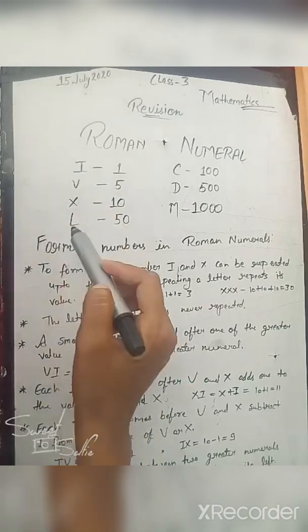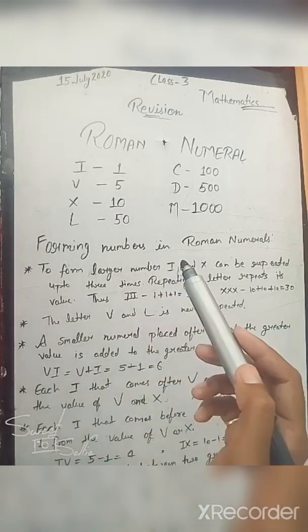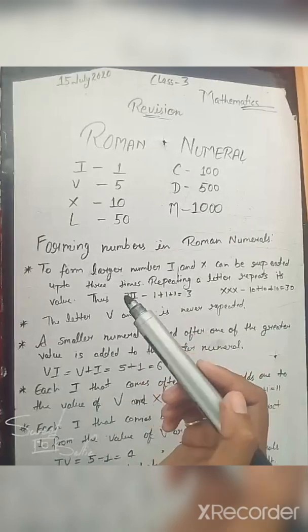Using these 7 alphabets, they write all numbers.